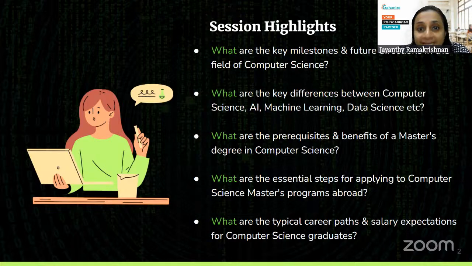Okay. I'll end the session by talking about some interesting case studies about our students who enrolled with us in the past and who have gone to pursue their master's or their PhD degrees in their dream university. So I'll talk about their profiles briefly and also tell you where they ended up going for their degree.